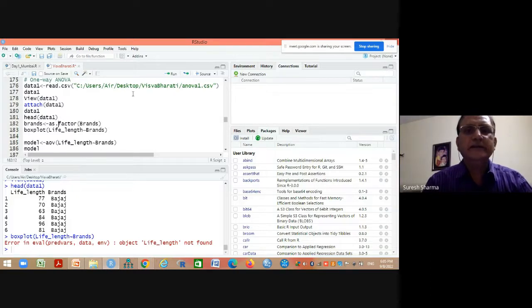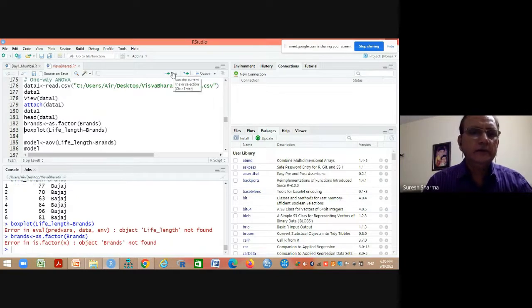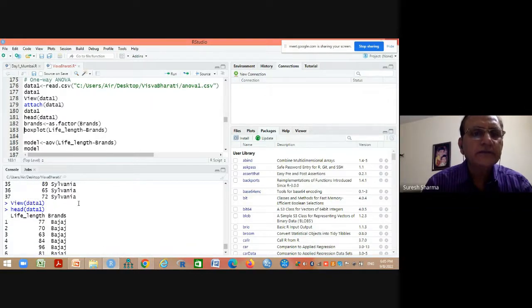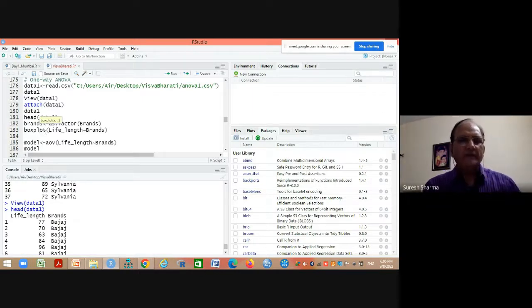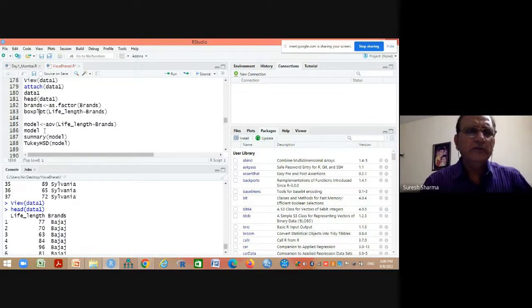Now first take this as factor, then it will work. Where is the problem? Life length, brands. Actually, we don't require this, because I need to download a package called ggplot2. Just forget about it because you already know about box plot. So we'll just move on to ANOVA.